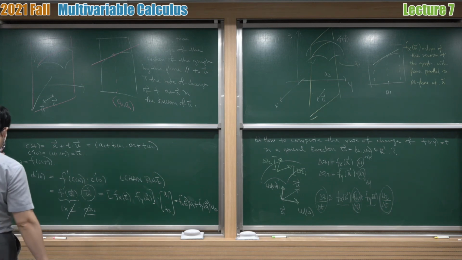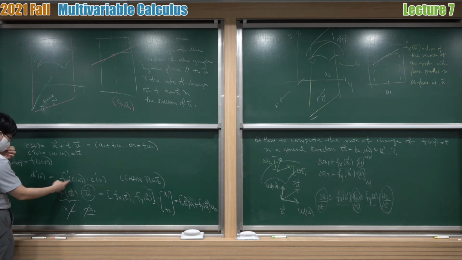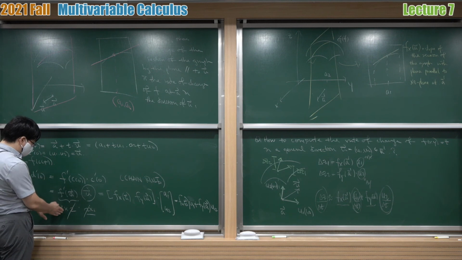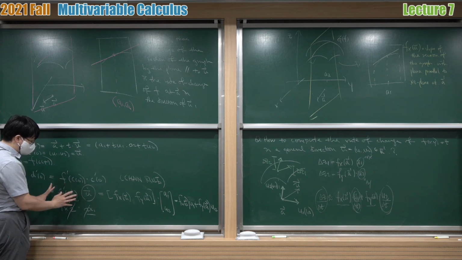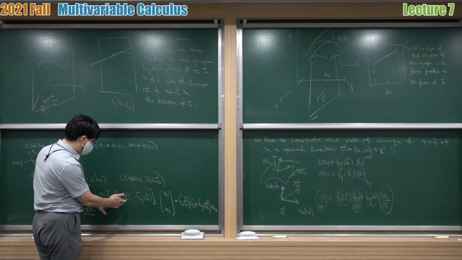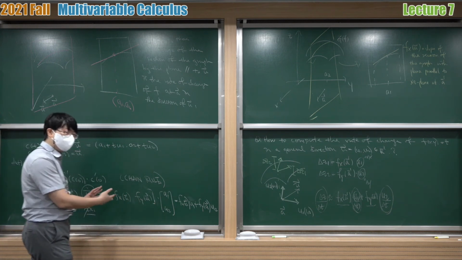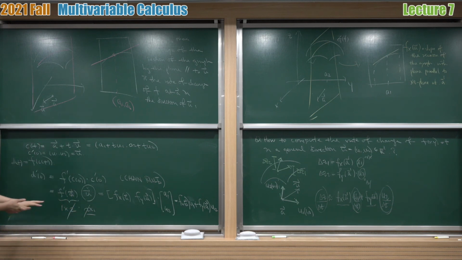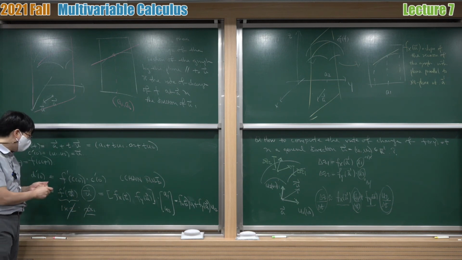Hyungyu's question was why this derivative f prime is a matrix of size 1 by 2, because he thought that f prime equals fx plus fy, which is a real number, so it should be a 1 by 1 matrix.